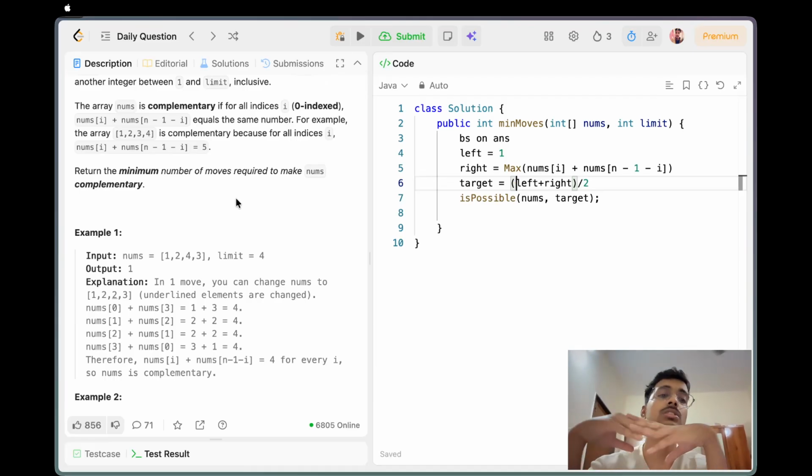Am I able to make it? One more thing, the target. It's not that easy a question.